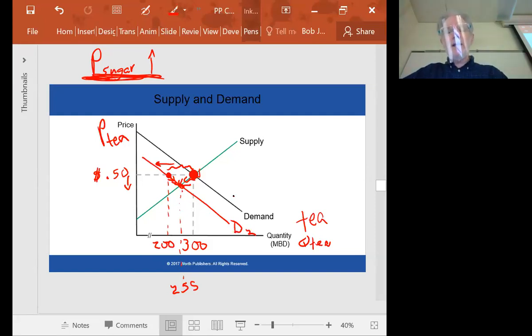Demand for tea decreased. Did the supply of tea decrease? How many supply curves did we do? Just one. So the supply of tea did not change. The quantity supplied changed. The demand for tea changed. Okay?